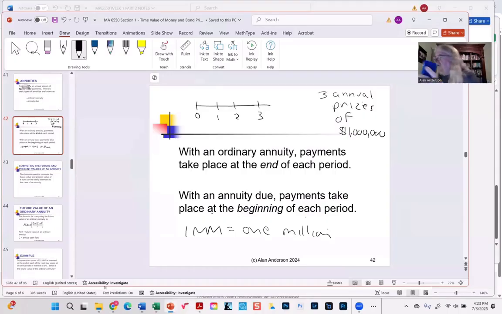Okay. So anyway, MM stands for million. But another possibility is to do it like this. Actually, I don't have enough room. Let me fix this real fast. What's going to be different this time is that the payments will start right away.